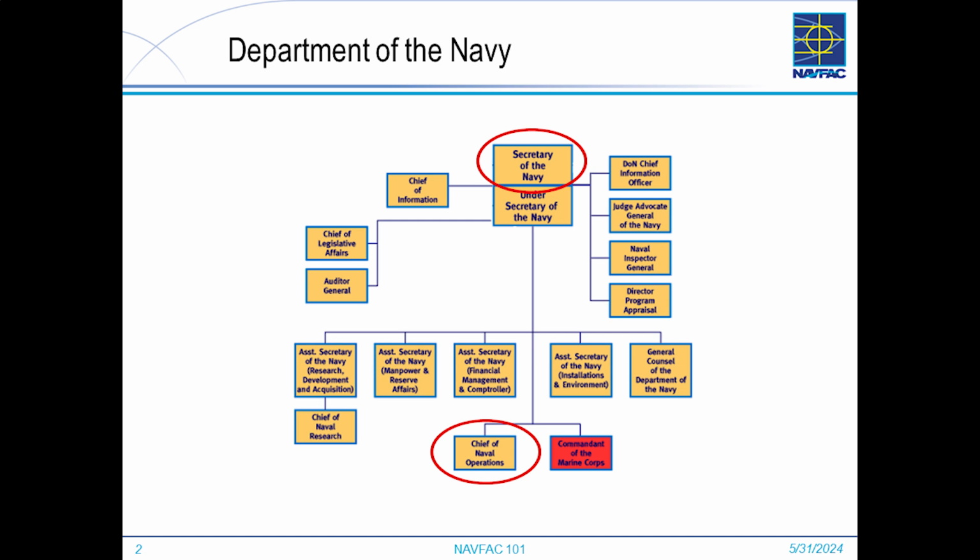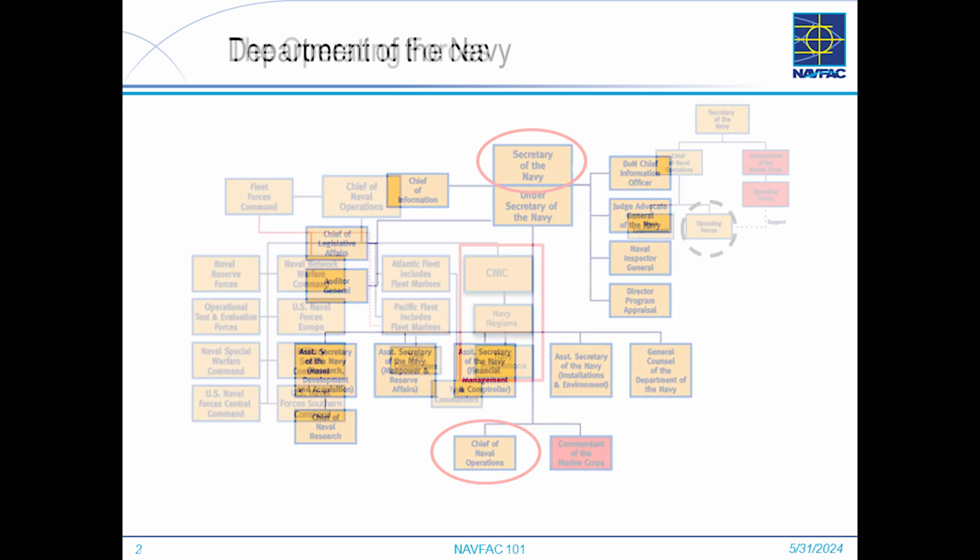The CNO is a senior military officer within the Navy, appointed by the President and a member of the Joint Chiefs of Staff. The Office of the Chief of Naval Operations, otherwise known as OPNAV, is responsible for the development and justification of program requirements for the Department of Navy.